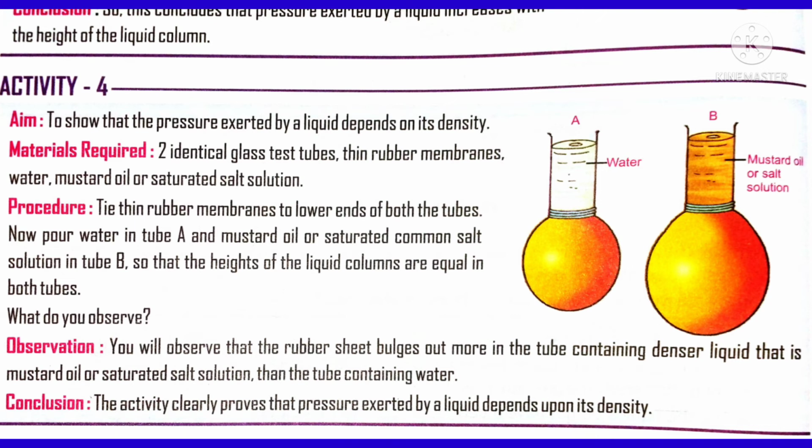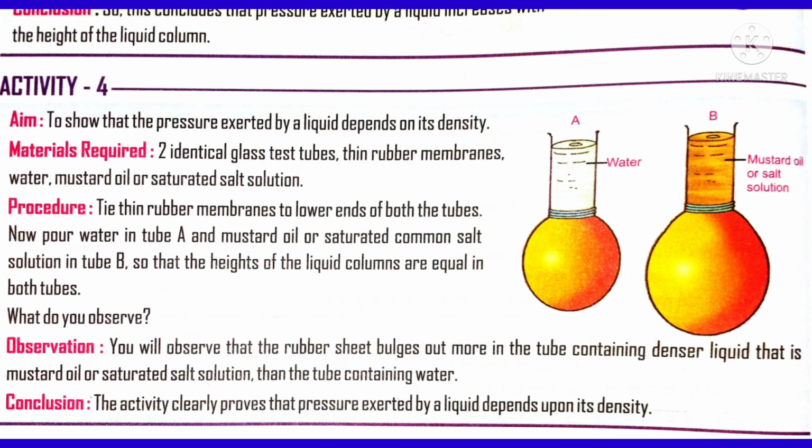than mustard oil. Here in this activity you are going to take two same-sized glass test tubes, a rubber membrane, water and mustard oil. Instead of a rubber membrane you can take two balloons also. Tie the membrane, that is the two balloons, on the two test tubes.